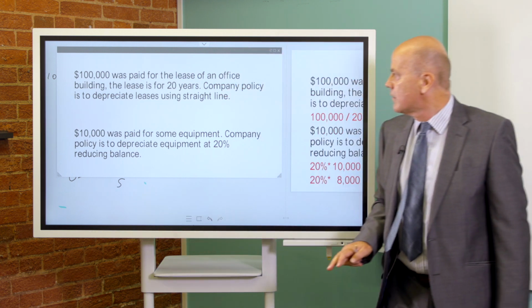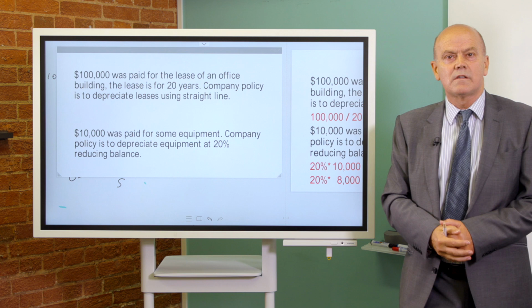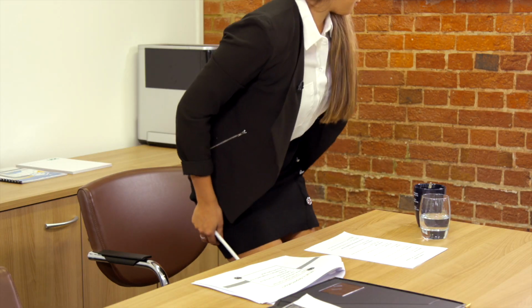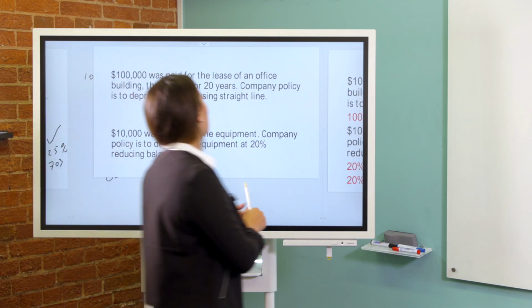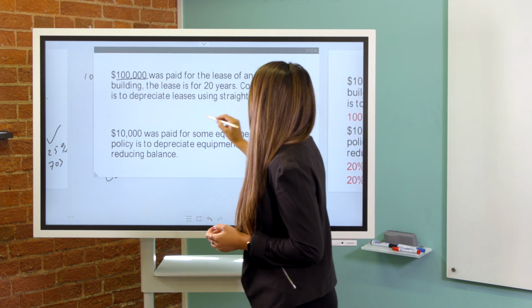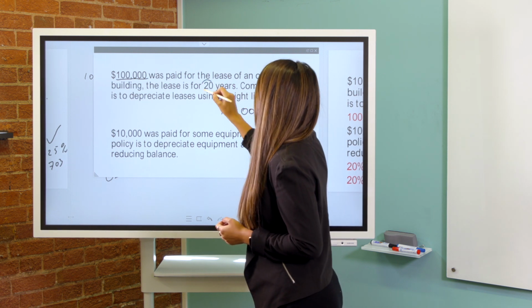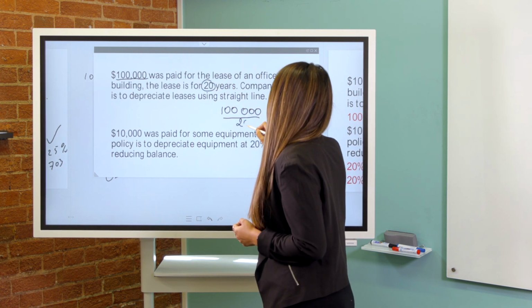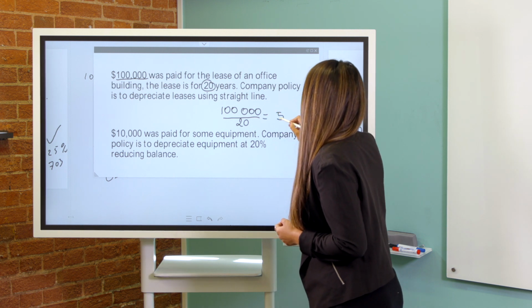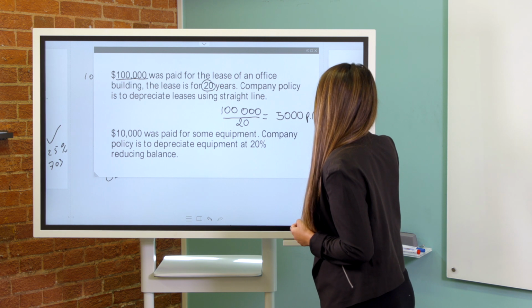Right, would you like to have a go at this one, Alex? We've got a little example of both situations. Sure. So I'd take 100,000 and I would divide it by 20, which equals 5,000 per year.